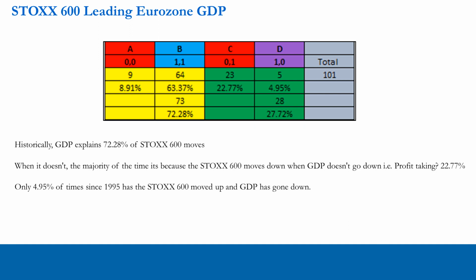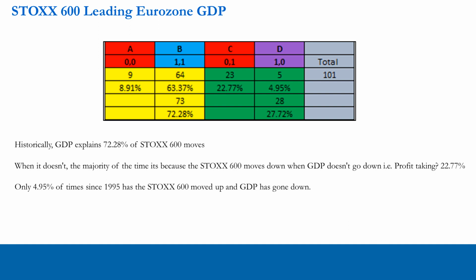So 0, 0, the index goes down in the quarter, and then GDP is reported down. So that's the 0, 0 case. And the 1, 1 case is the index going up in the quarter from the previous quarter, and GDP is reported up. And if you look at the 1, 1 scenario, we have 64 cases out of 101 cases.